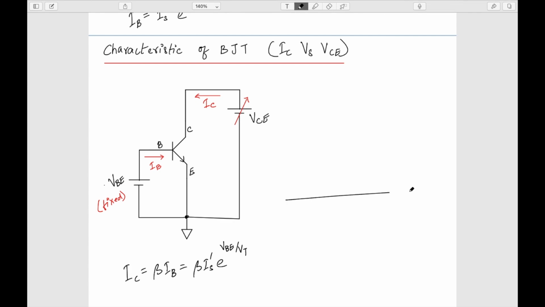So if I draw the characteristic curve of this BJT, IC versus VCE, I am supposed to get a straight line, because however much I vary this VCE, my IC is not going to change. Of course, in an actual transistor there may be a slight slope, but for the time being we'll consider it to be a straight line, so it is almost independent.